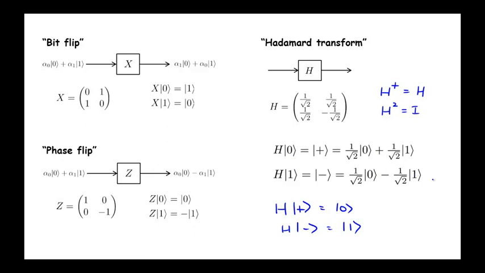So it seems as though the information about whether you started with 0 or 1 is lost when you apply the Hadamard transform. But actually it's not. The information is all put into this sign here, whether the phase is plus or minus. And in fact, the way we know that the information is not lost is because when we apply the Hadamard gate twice, we get back to the bit that we started from.